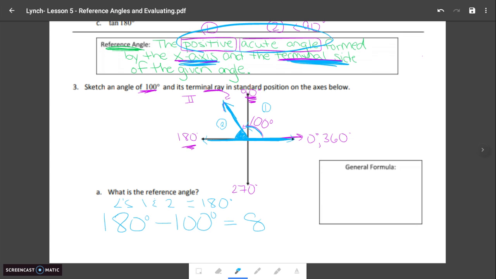And that gives me angle 2, the leftover piece, is 80 degrees. So your general formula, this is going to be true every time you are in the second quadrant. If you're being asked to find a reference angle, if you take 180 degrees and subtract your angle, which we'll call theta, off of it, that will give you your reference angle for the second quadrant.